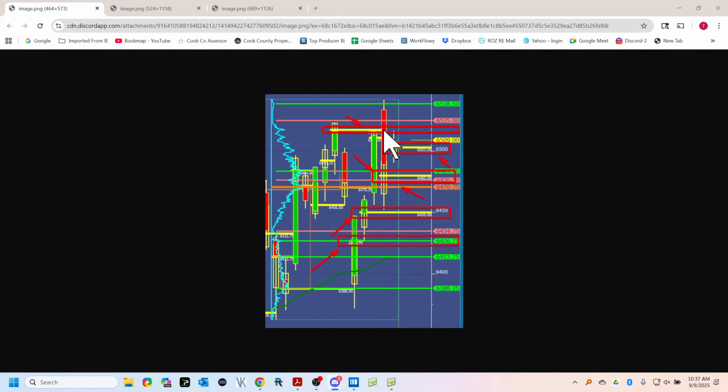Because of the acceleration and the velocity of the move down, it left something called the low volume zone. So this is the day down, and then yesterday, the inside day, the anticipation was to come back and work in that area.